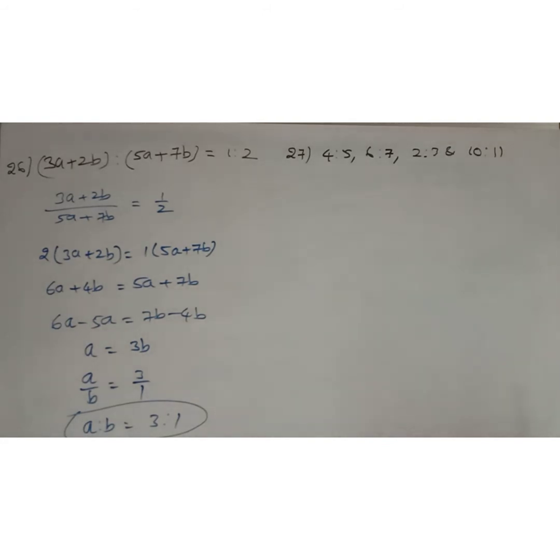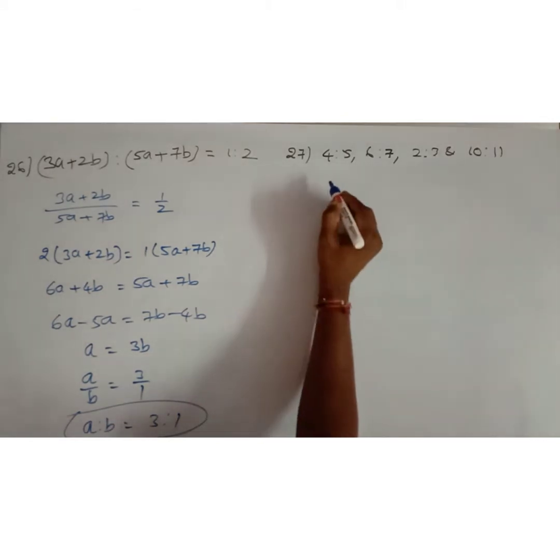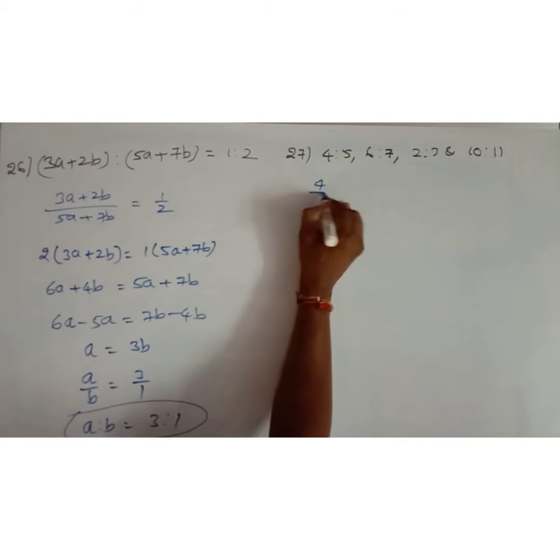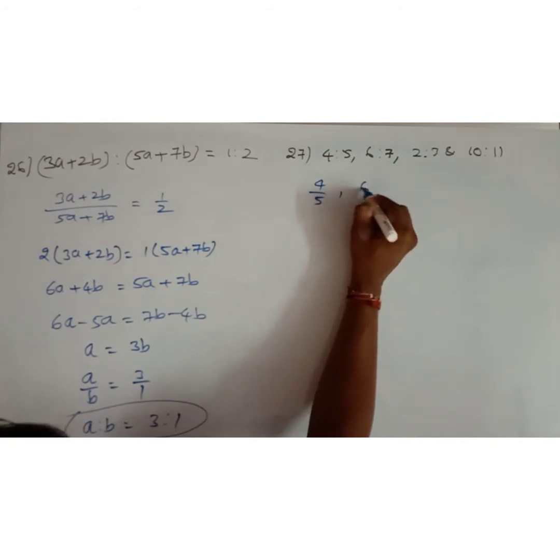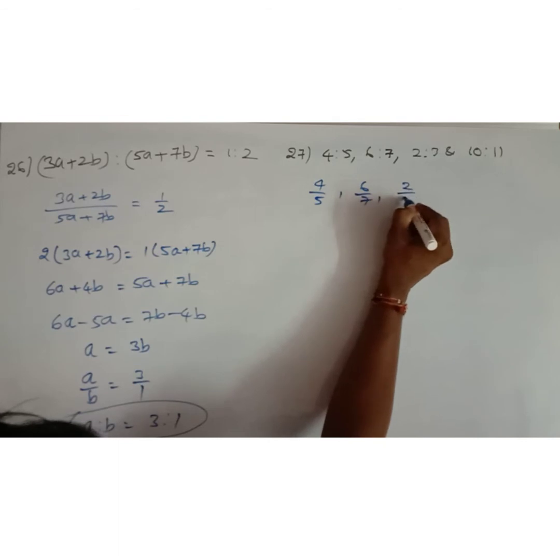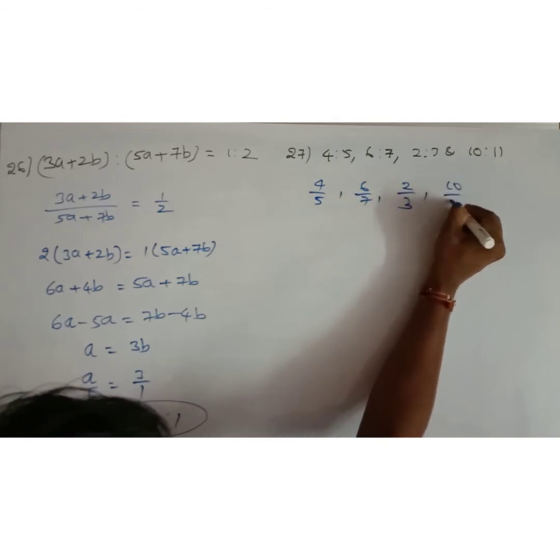So this can be done in two methods, by equating the denominators or by changing it to the decimal form. So first I am changing it to decimal form, that is 4 by 5, comma 6 by 7, comma 2 by 3, comma 10 by 11.